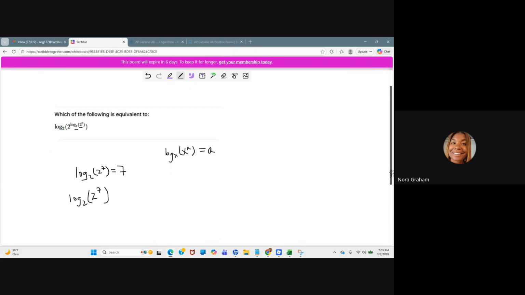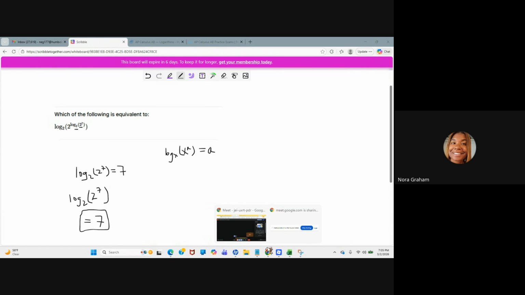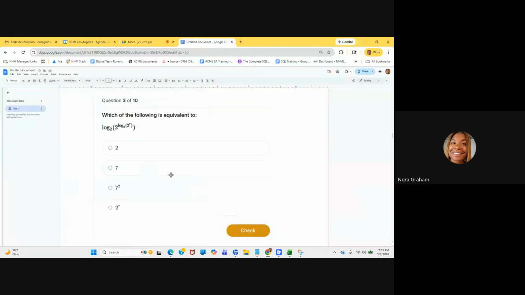And if you look, we do have that property again, log base 2 of 2. So you can just use that property again, and we're going to get 7. That one's not that bad as long as you use your properties. So the answer to that one is 7.